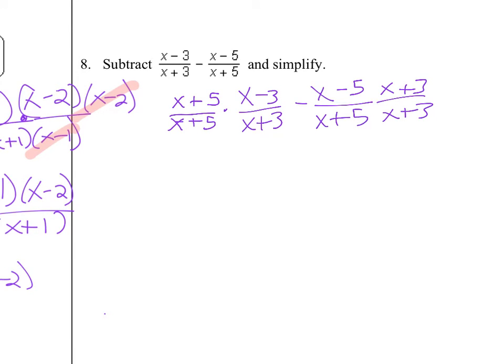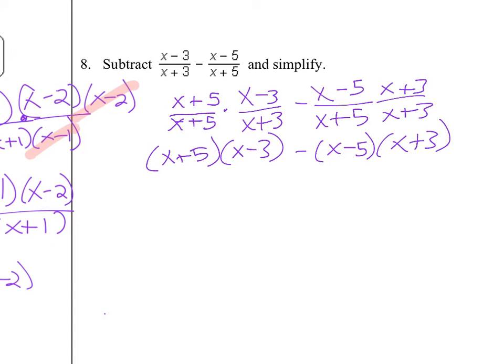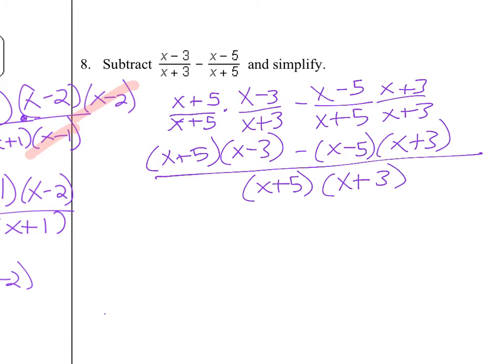Now I'm going to have x plus 5 times x minus 3 minus x minus 5 times x plus 3. This is all over my common denominator, which is x plus 5, x plus 3.